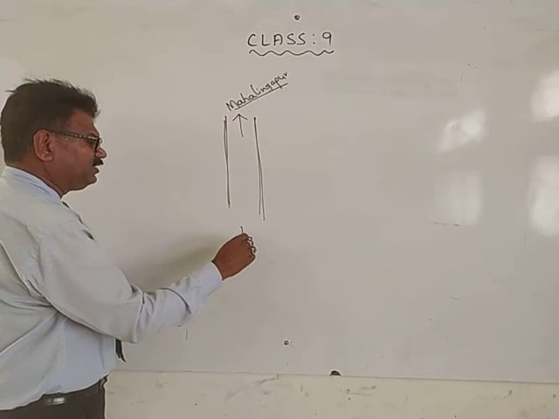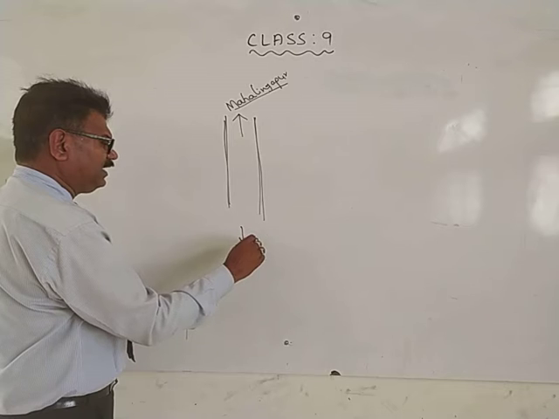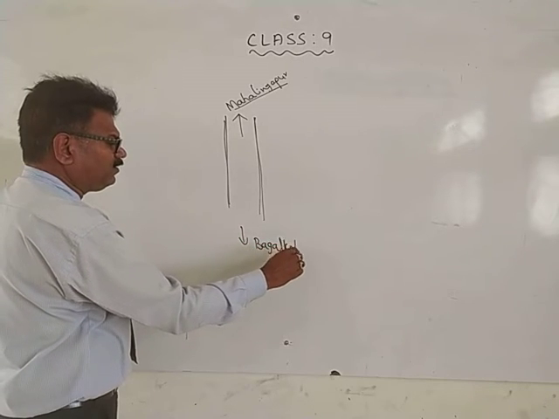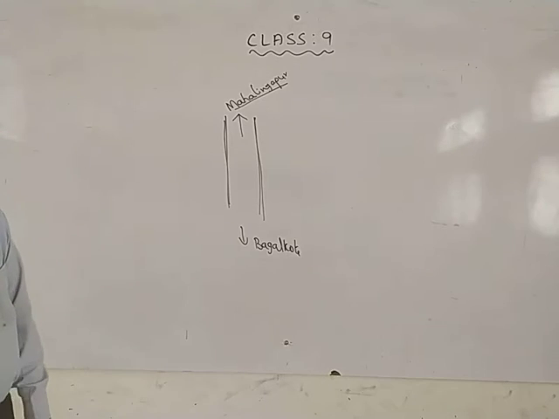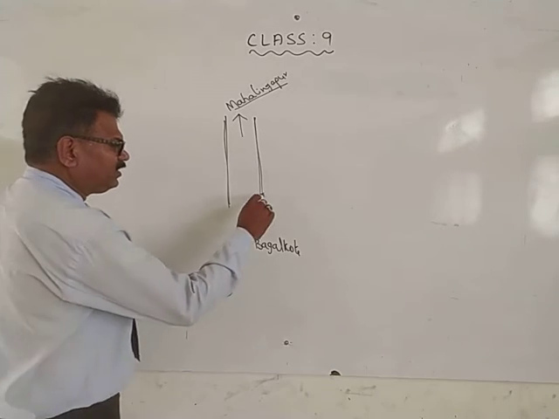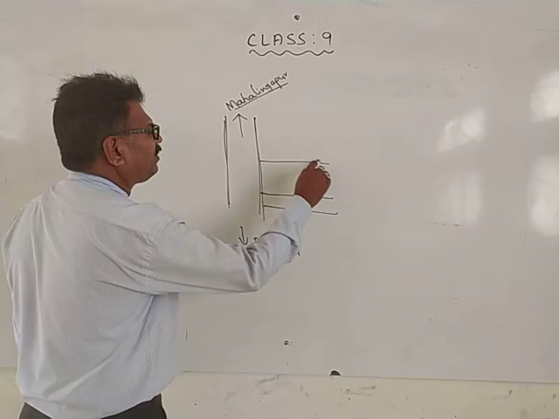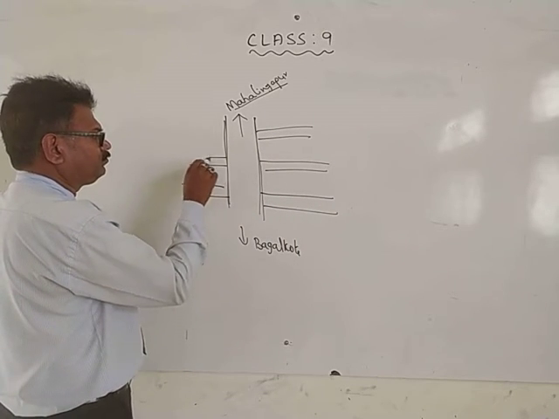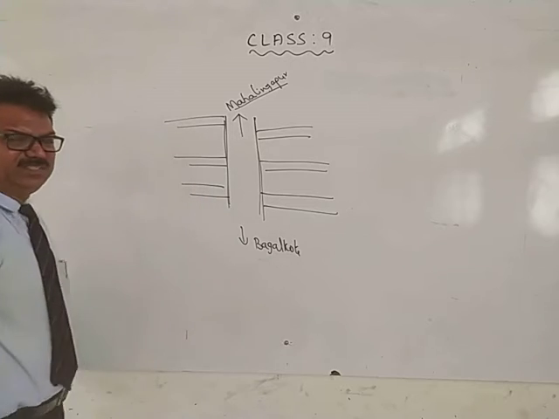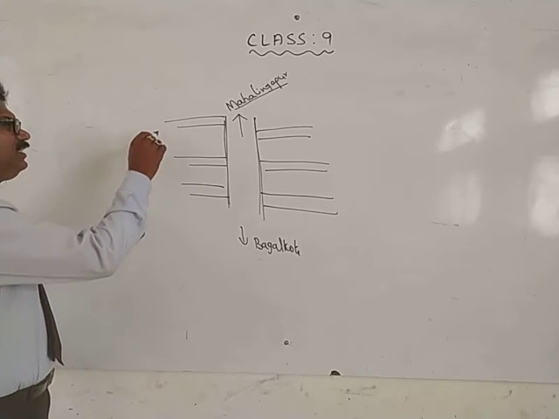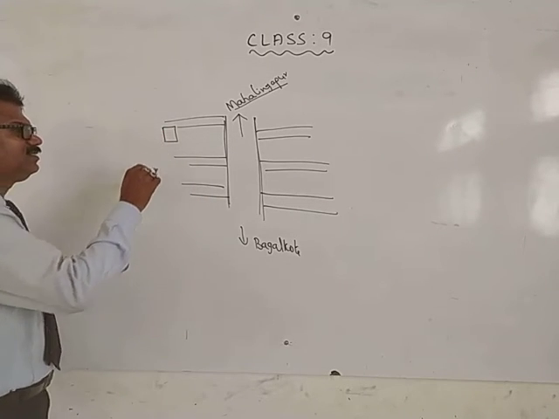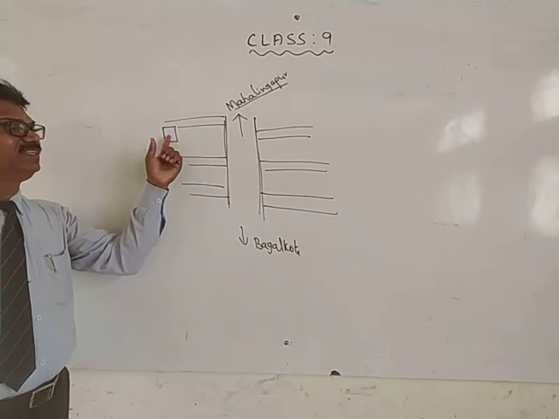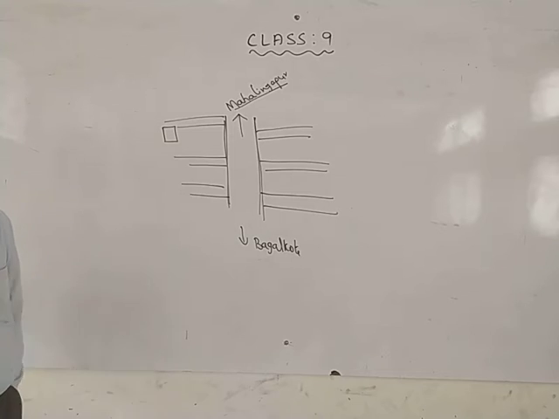If you go like this, you will get Bhagalpur, for example. In this, many sub-roads are there. Like this. If your house is located here, how to tell the address of this house?